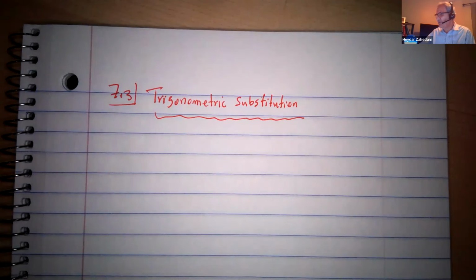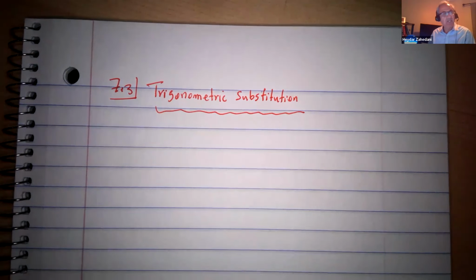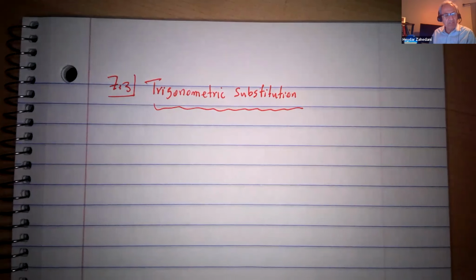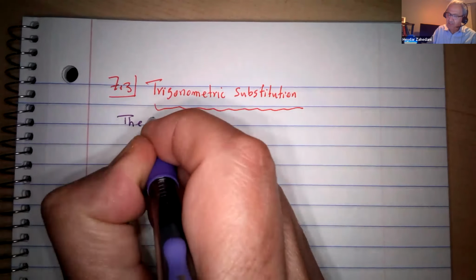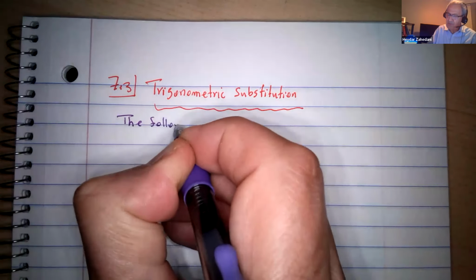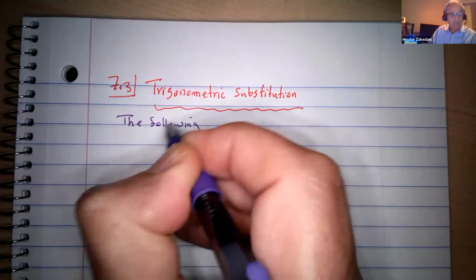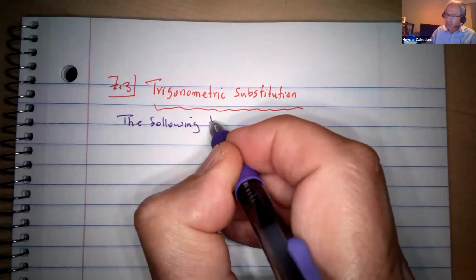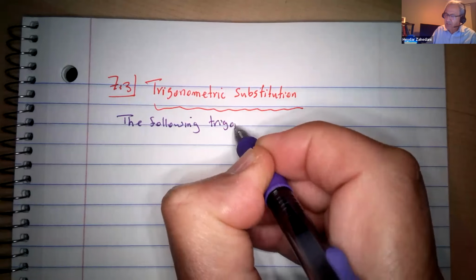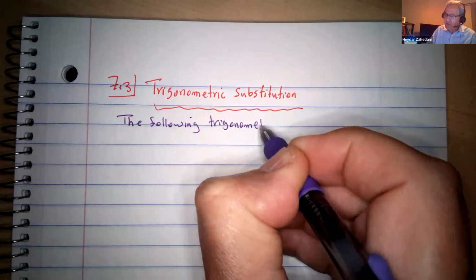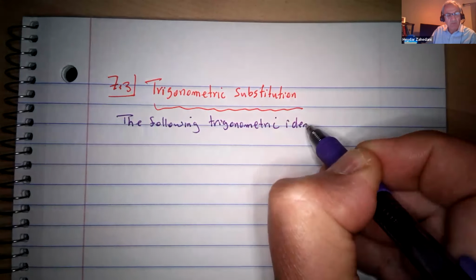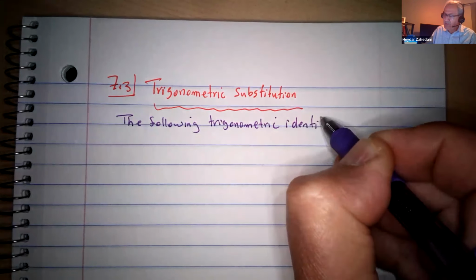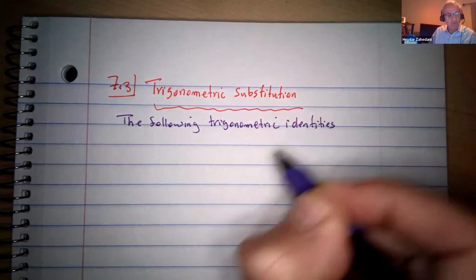We have some radical function in the following format. There are 3 trigonometric identities, those famous ones. I'm going to list them and show you how I'm going to use them. They usually give perfect squares.